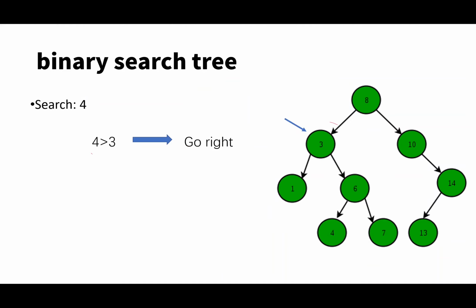In this tree, 4 is larger than the root of the tree, 3, so we go to the right tree of this node. In this tree, 4 is smaller than the root of the tree, 6, so we go to its left tree. In this tree, 4 is equal to the root of the tree, so we find the node.